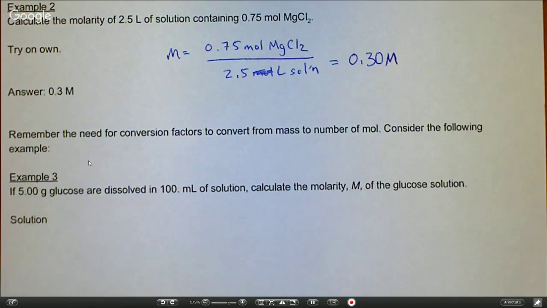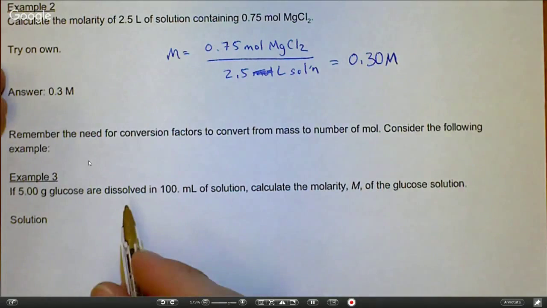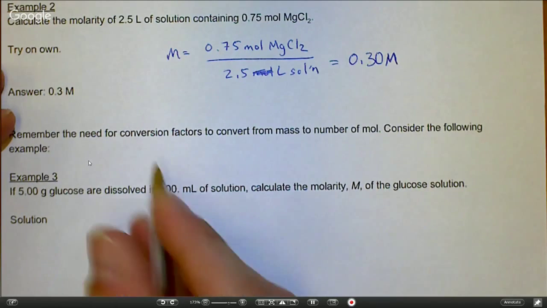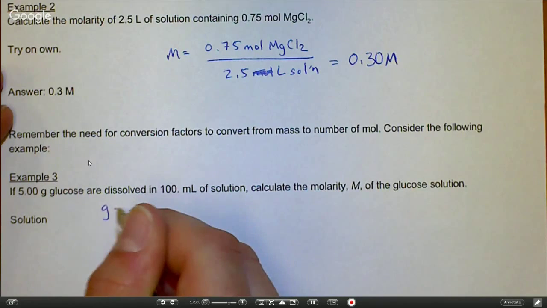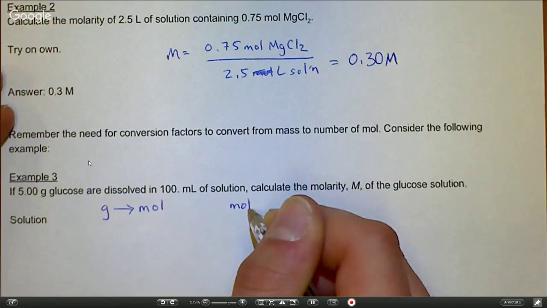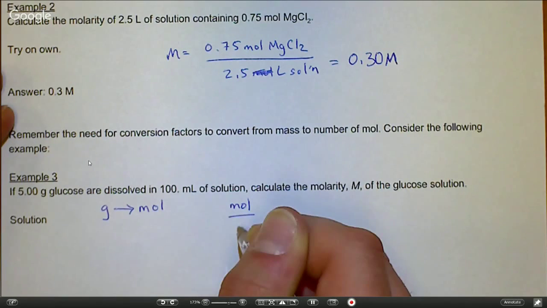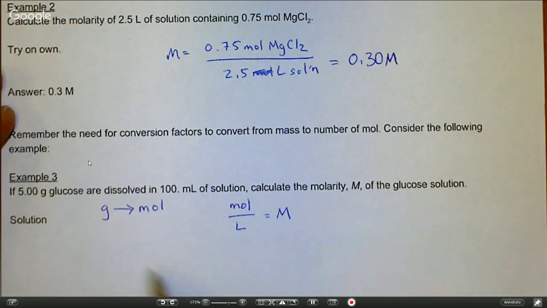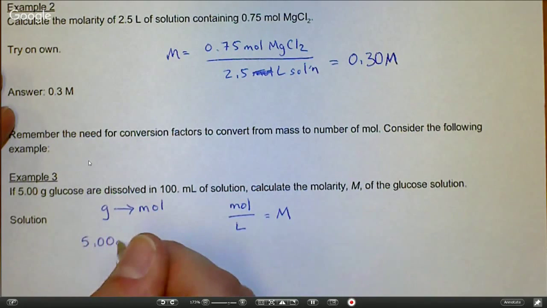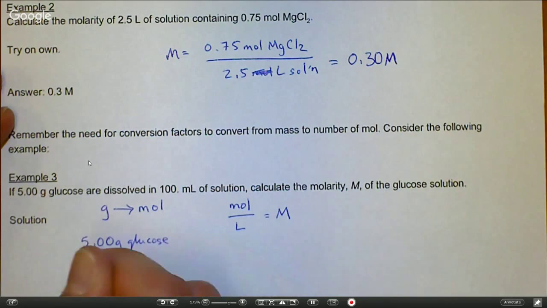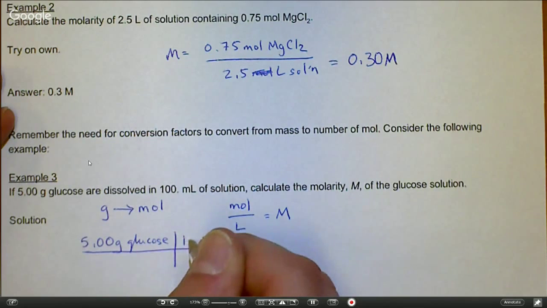I like to do it all in one T-chart, and I'll demonstrate that second. First, we need to take our grams and convert to moles, and then we can take those moles and divide by the liters to get molarity. So 5.00 grams of glucose, and then 1 mole.